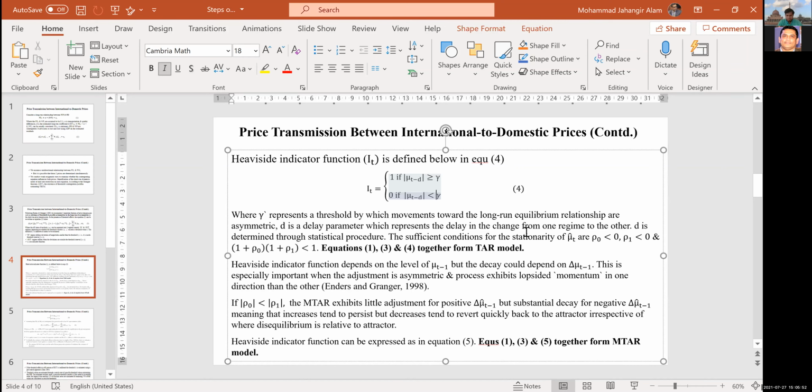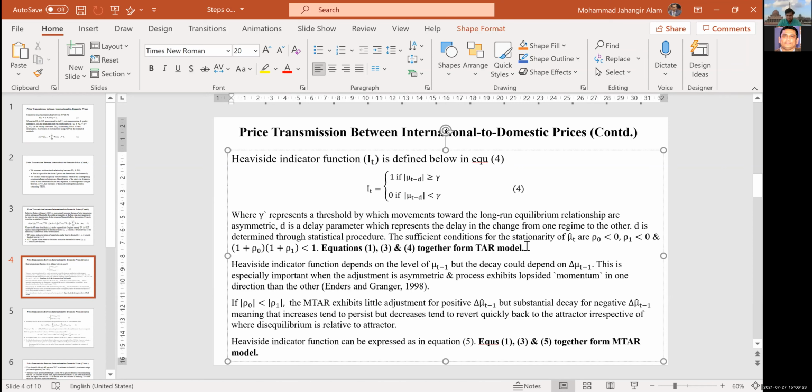In our case, we are using monthly data, so it says how many months it takes. It is said to be the delay in the change, but it's not really given. Again, d is determined through statistical procedures, so we have to estimate d as well, right? So you see which variables we have to estimate from here: this gamma, and then d, which is sometimes called the delay or decay variable, econometrically.